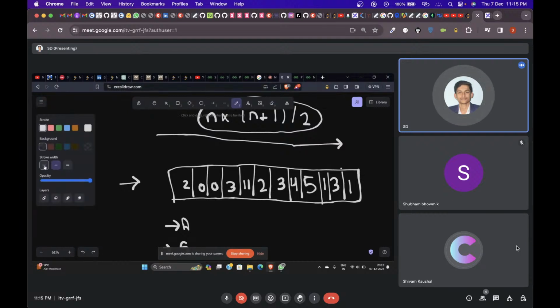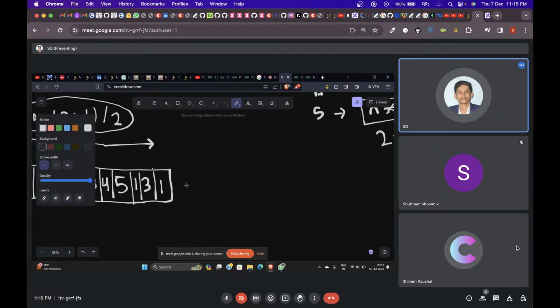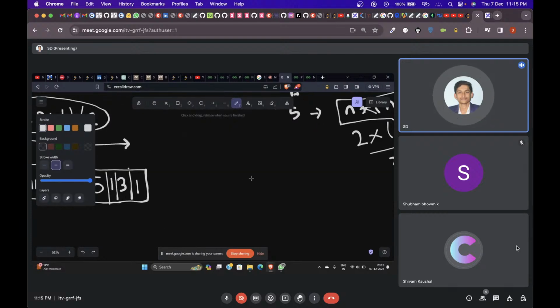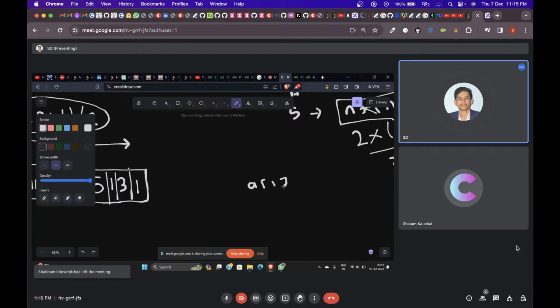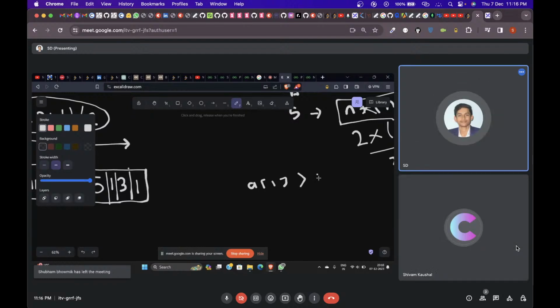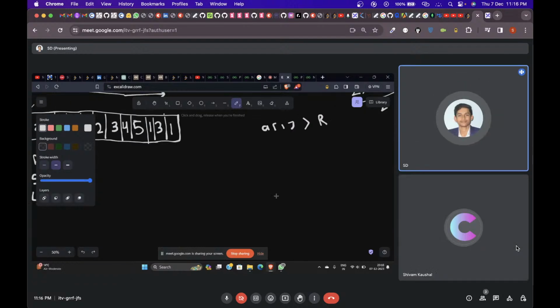So first of all, we are at 2, and then we are going to check a condition. The first condition would be whether the given element, array of i, is greater than R. The second condition would be whether array of i is smaller than S, the smallest element.